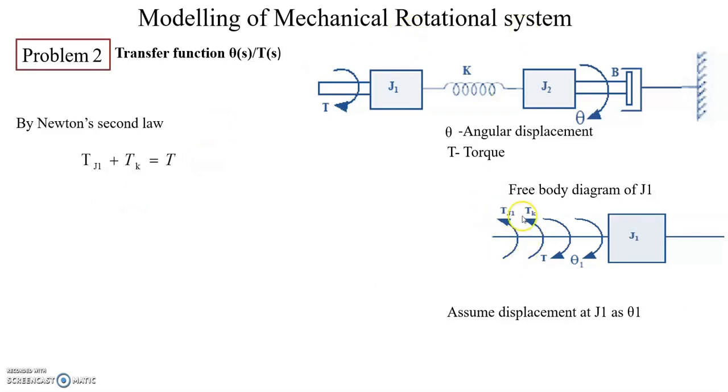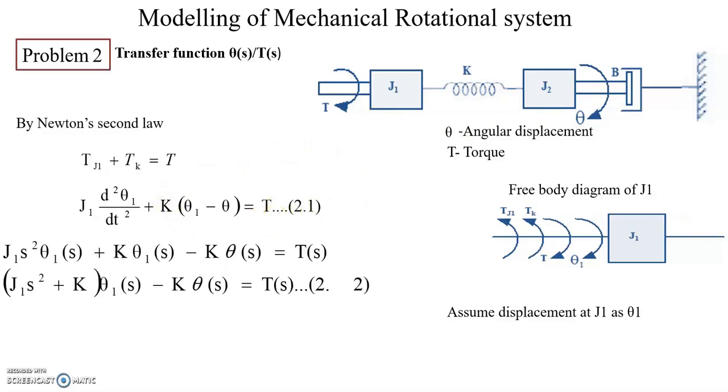So TJ1 plus TK is equal to T. The corresponding equation is J1 into d square theta 1 by dt square, because this displacement is theta 1, plus K into theta 1 minus theta, because between J1 and J2 the spring K has two displacements acting on it. Because you consider J1, it is theta 1 minus theta. Suppose you consider J2, it would be theta minus theta 1. This is equal to T. You name it as equation number 2.1.